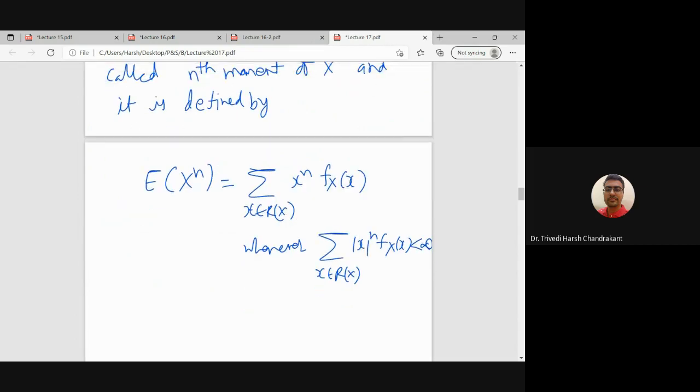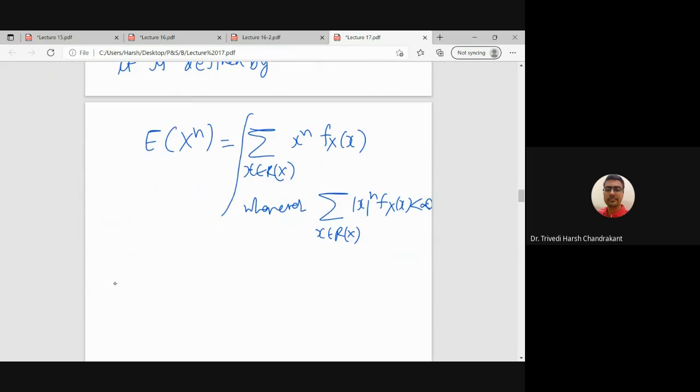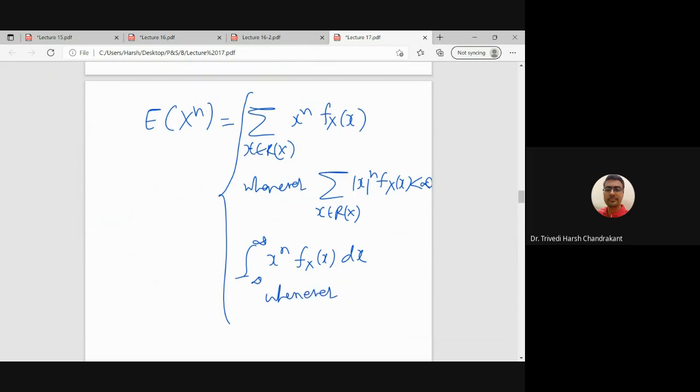Similarly we can define the continuous case, that is the integral from minus infinity to infinity of x power n f_X(x) dx, whenever the integral is convergent.